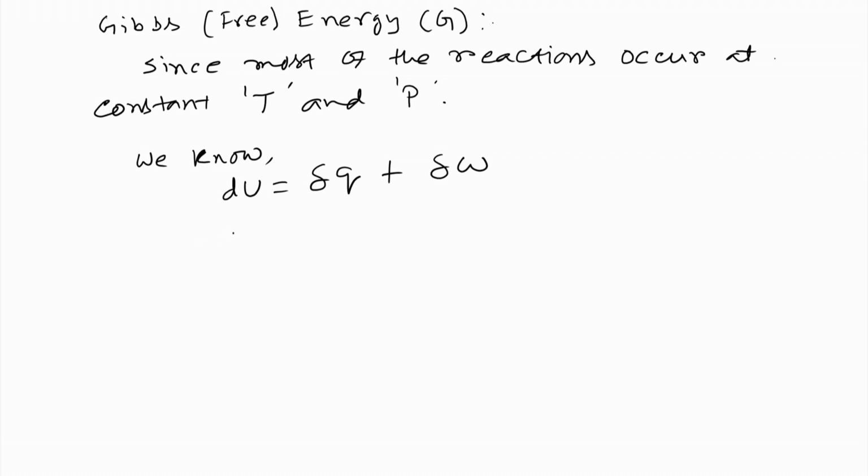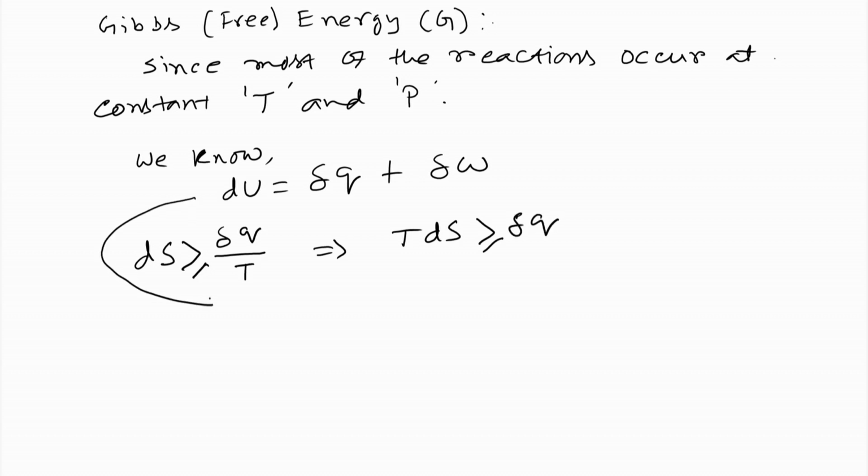And we know again del Q by T or dS is greater than or equal to del Q by T, or in other words, T dS is greater than or equal to del Q. Since del W is not 0 here, del W is nothing but P dV.